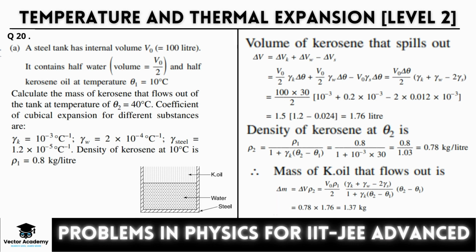Solving which we get density of kerosene at θ2, ρ2 equals 0.78 kg per liter. Therefore, the mass of kerosene oil that flows out, delta M equals delta V multiplied by ρ2. Solving which we get mass of kerosene oil that flows out, delta M equals 1.37 kg.